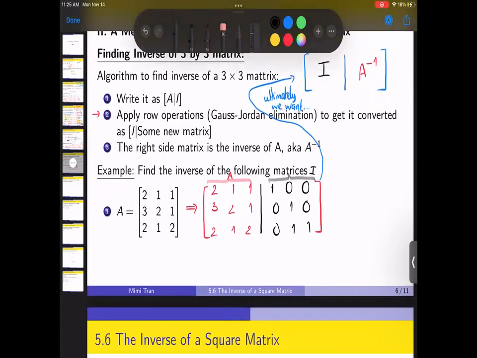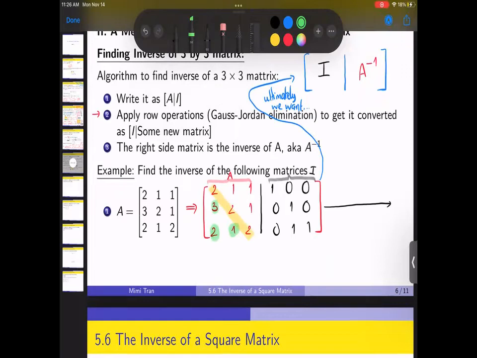Here is the deal. You remember Gauss-Jordan elimination, right? First you identify your diagonal. Anything below the diagonal has to be 0. This number has to be 0, this one too. It will change when you do the operations, but that's the general idea.